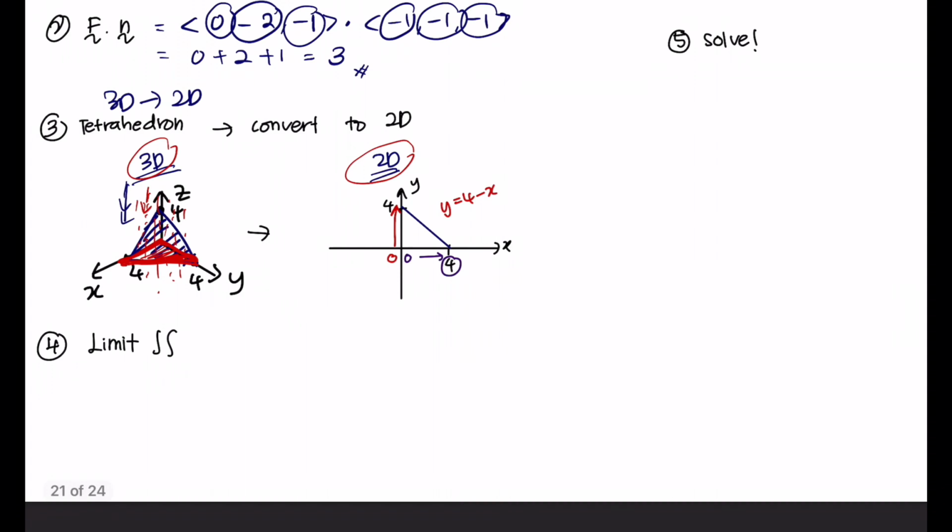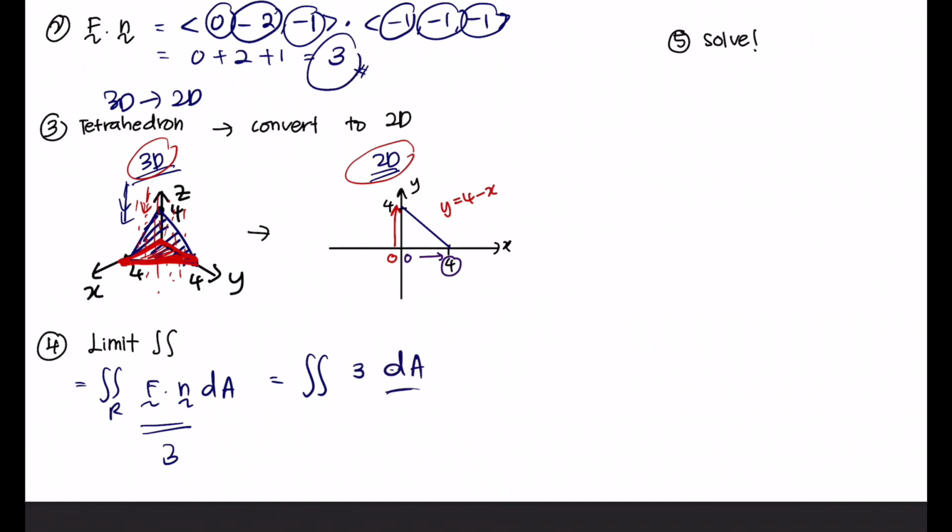So then determine the limits. Write down the equation to find the double integral over R of F dot n dA, which equals 3 dA. dA refers to two-dimensional, so dA here is dy dx. So we want to integrate 3 dy and dx.